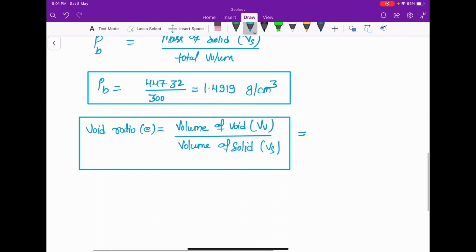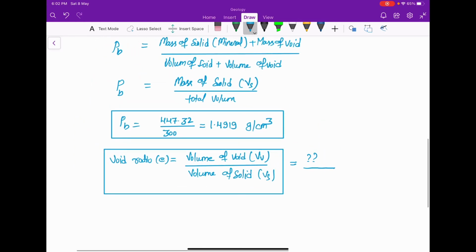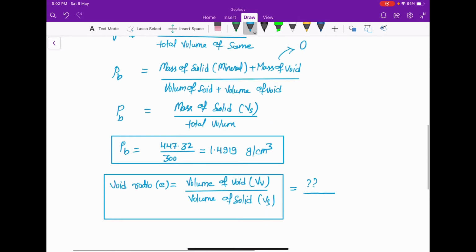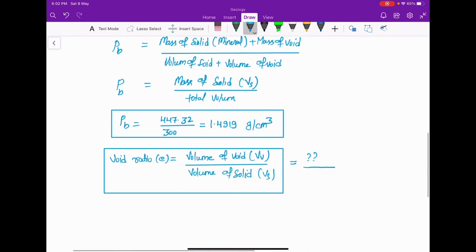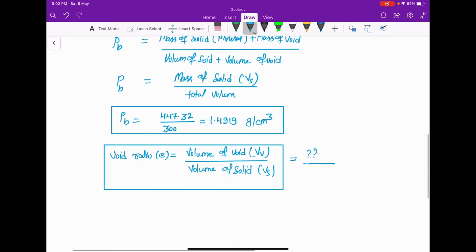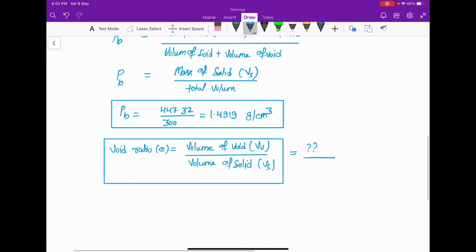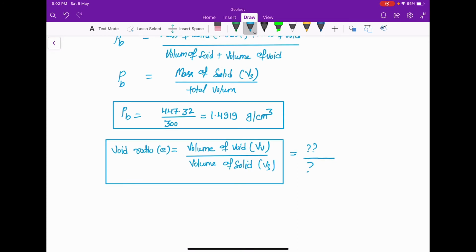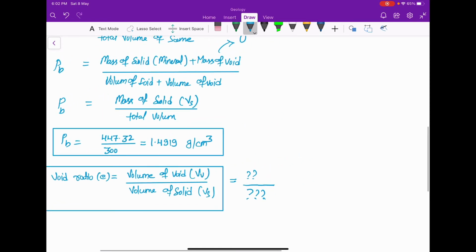So we have to find the volume of void, and also the volume of solid. First we will find the volume of solid.